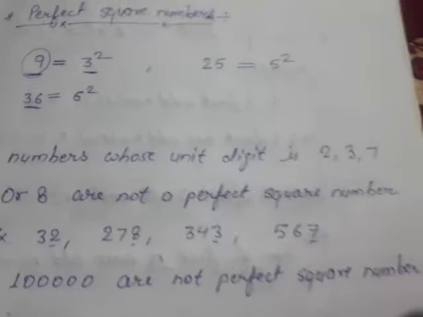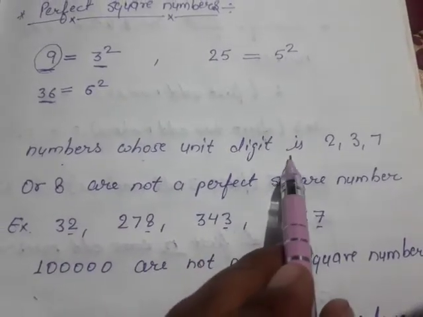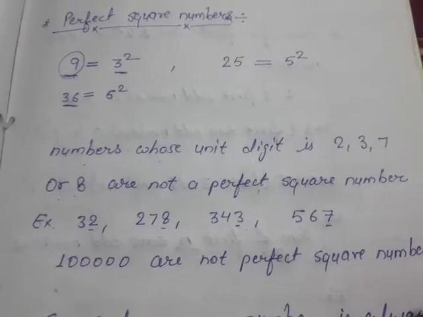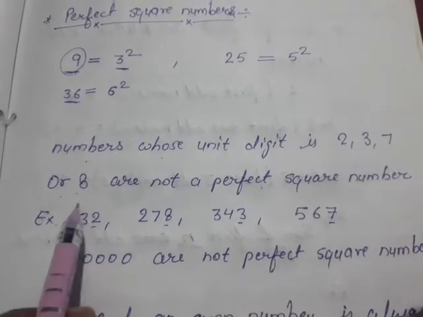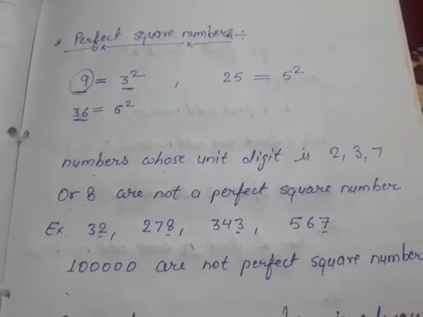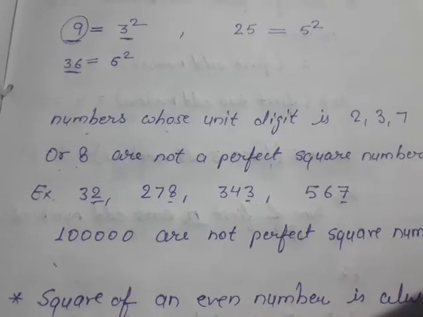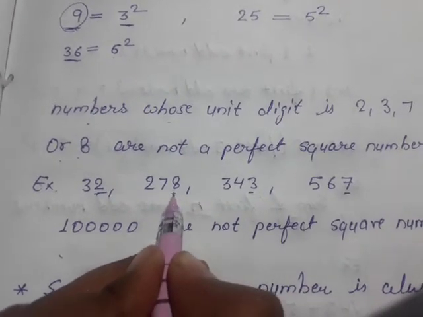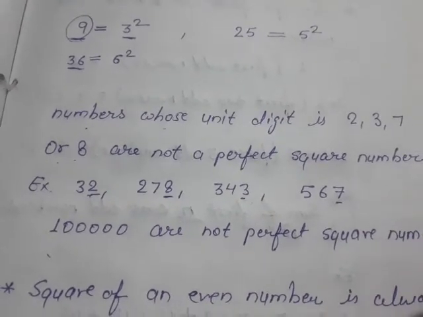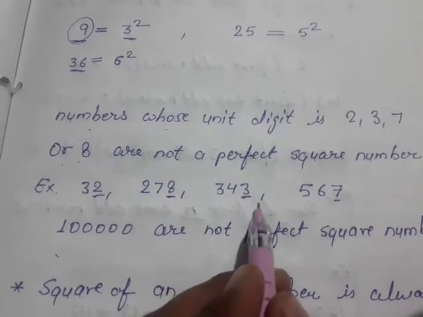And one more thing: numbers whose unit digit is 2, 3, 7 or 8 are not perfect square numbers. Those numbers are not perfect squares. For example, 32, its unit digit is 2, so it is not a perfect square number. 278, unit digit is 8, it is not a perfect square number. 343, unit digit is 3, so it is not a perfect square number.